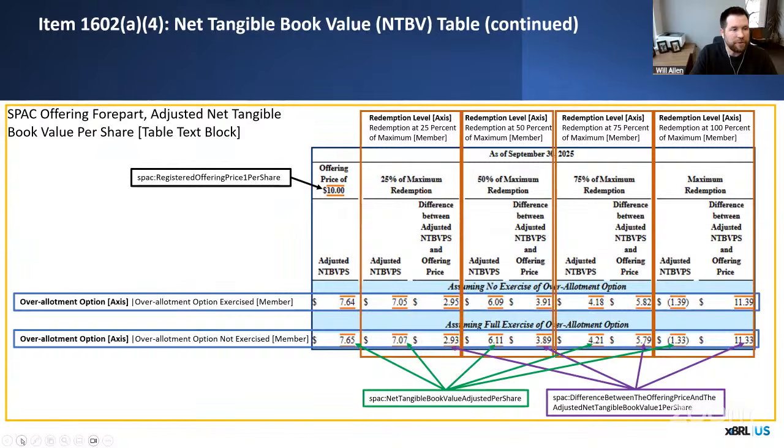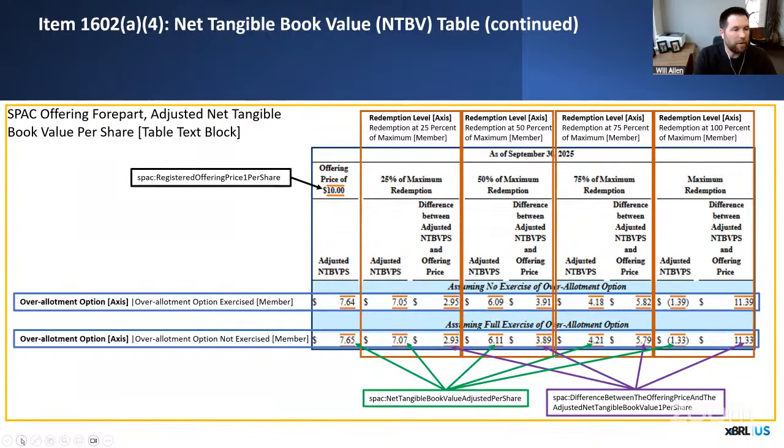So that's at $10. And then if you take a look at the columns, the tagger has this dimensionalized with the redemption level axis, and then redemption at 25%, 50%, 75, and 100 to represent the different redemption levels.